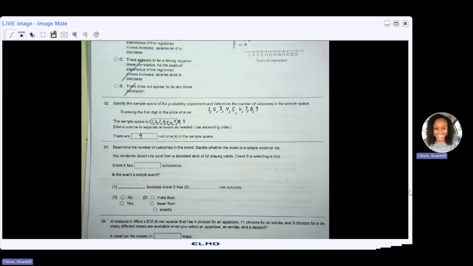33, determine the number of outcomes in the event. Decide whether the event is simple or not. You randomly select one card from a standard deck of 52 playing cards. Event B is selecting a club. Okay, in the standard deck, remember I will give you the fact sheets and it will have the deck of cards with it, okay?